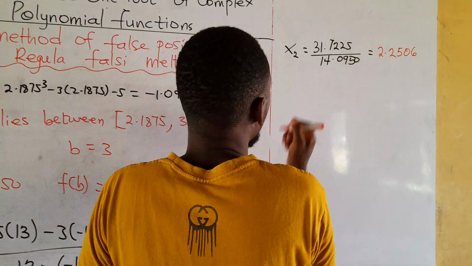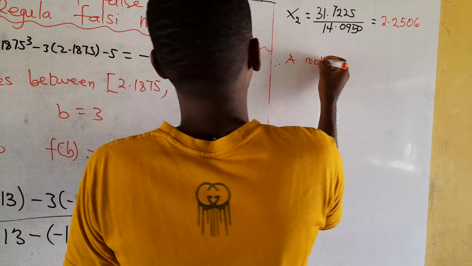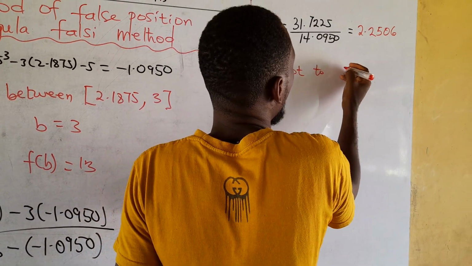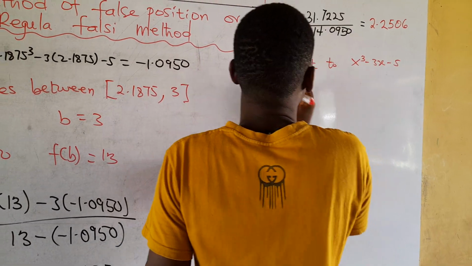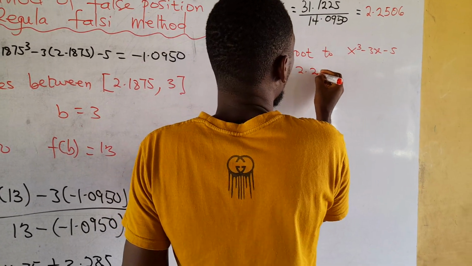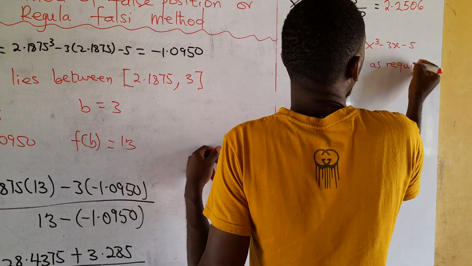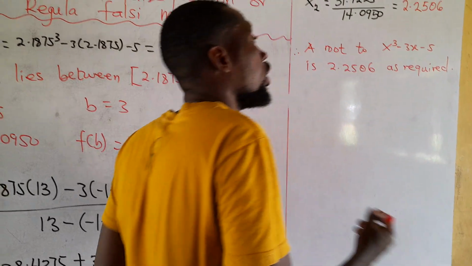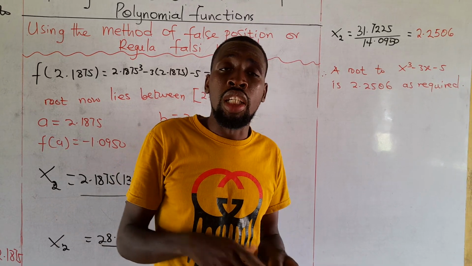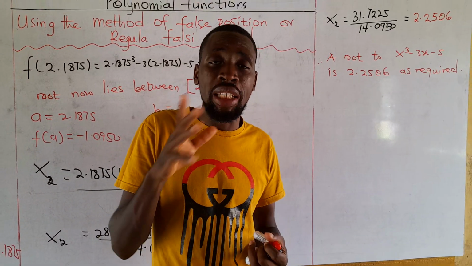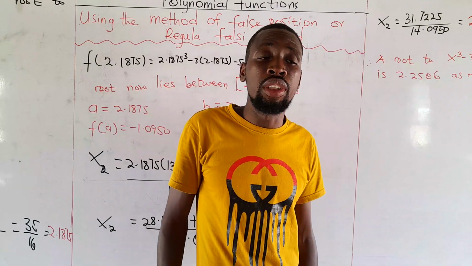So we conclude that a root to the polynomial function x cubed minus 3x minus 5 is 2.2506, as required. I hope you get that. This is very simple compared to all other methods. It adopts a little bit of bisection. If you watch the bisection, we'll take a third example and see how we'll deal with it.